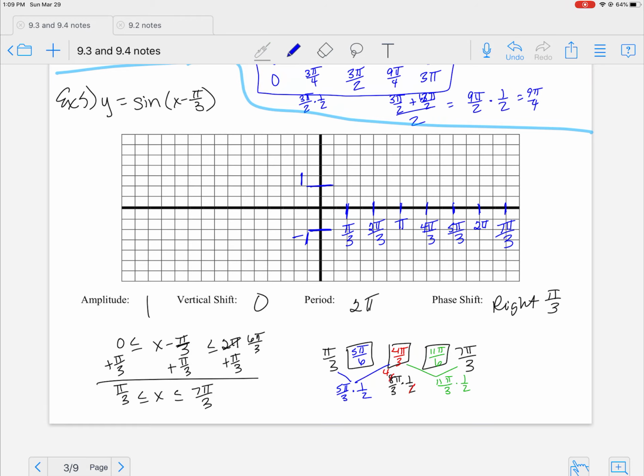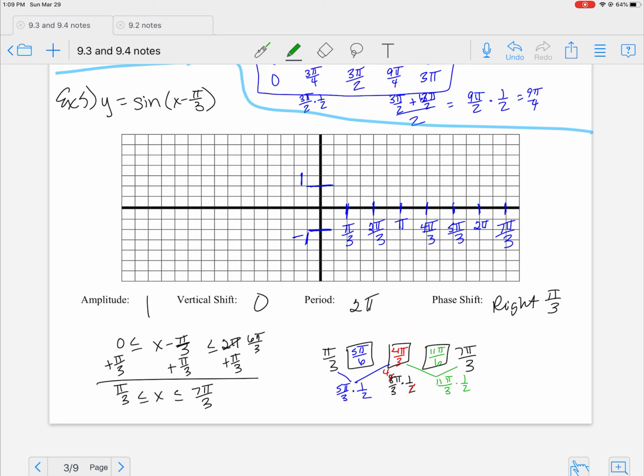Now here's the kicker. Whenever I'm looking at this problem, because I'm putting this in terms of pi over 3, I have 5 pi over 6. So where is 5 pi over 6? Right?